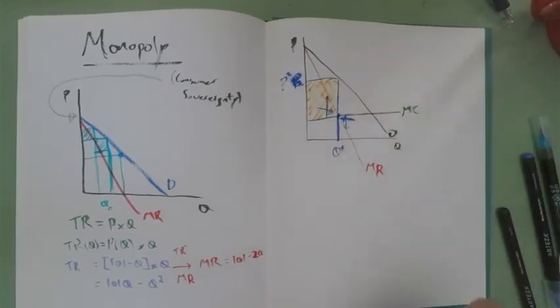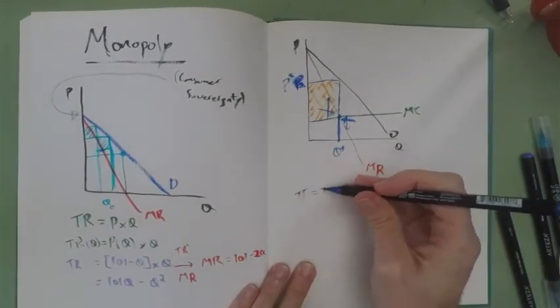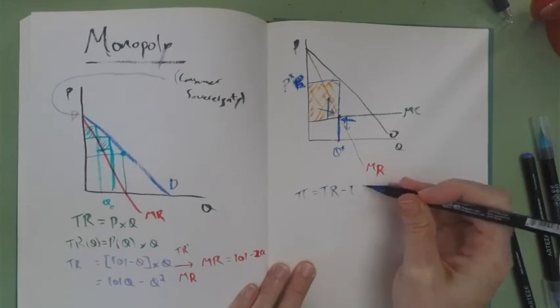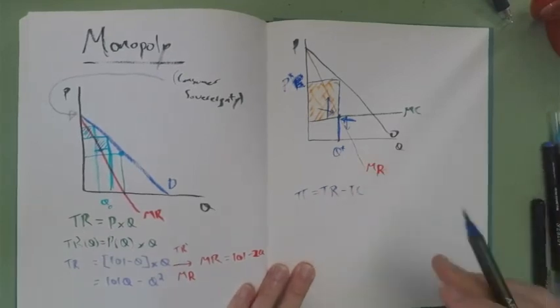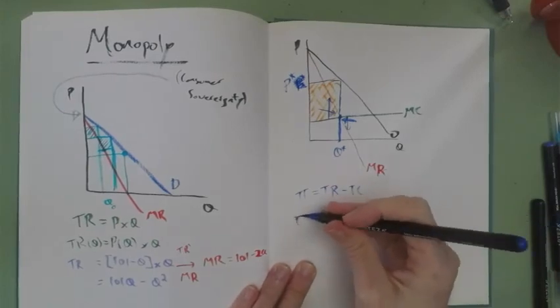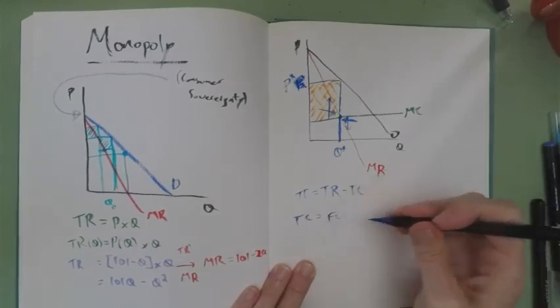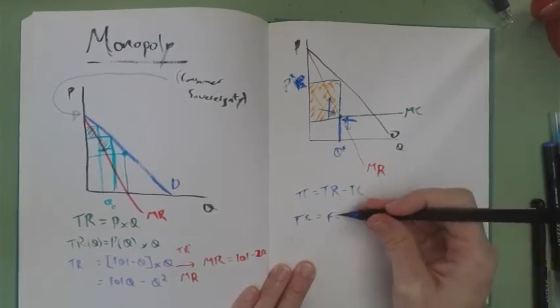And that profit is going to be their total revenue minus their total cost. And in this case, we haven't given a specific marginal cost, but let's just say our total cost was something like, we might have some fixed cost, which I'm going to be agnostic about for now.